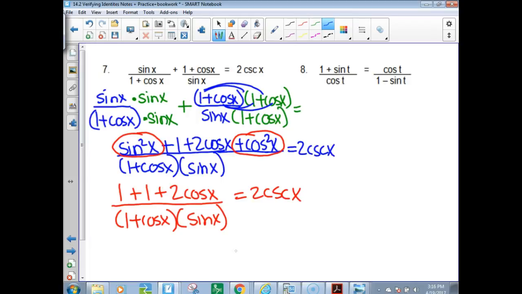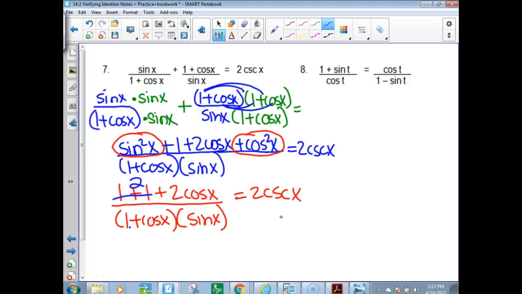Well, what's 1 plus 1? All right, so let's go ahead and replace that with a 2. So I've got 2 plus 2 cosine x. Think about your goal.